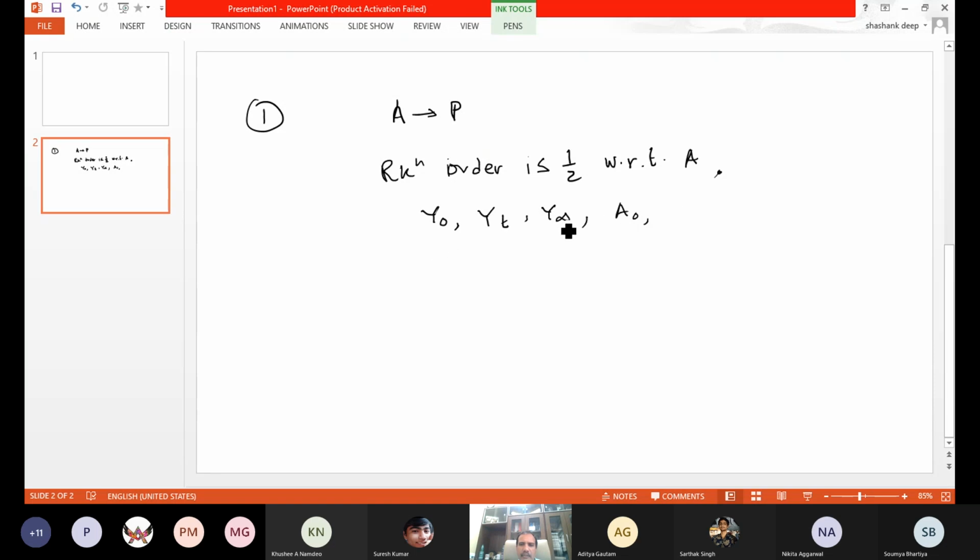So you have to express the differential rate law, integrated rate law, in terms of these things.